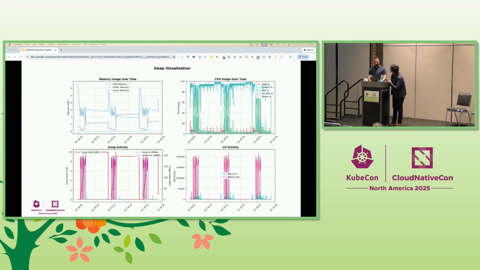First is a visualization. This is plotted from vmstat metrics on the node when our experiments were run. This graph shows usage metrics from one of our experiments. What you're seeing here is an 8 GB GKE node, and swap was on the default persistent disk, PD balanced. So it's an SSD network attached disk.